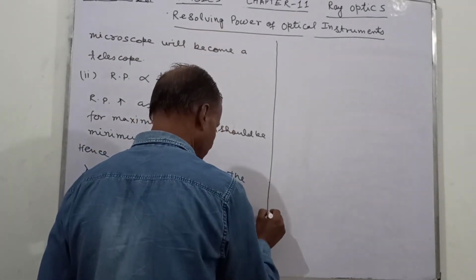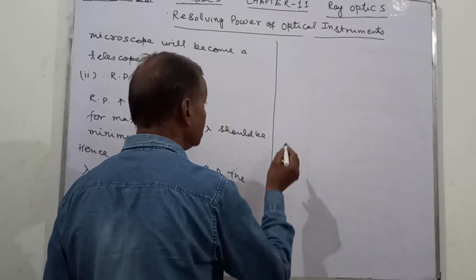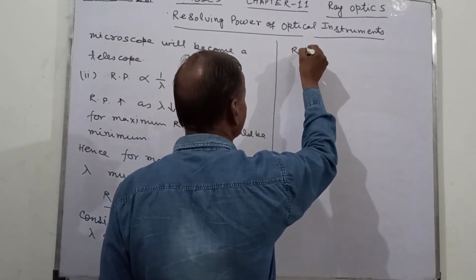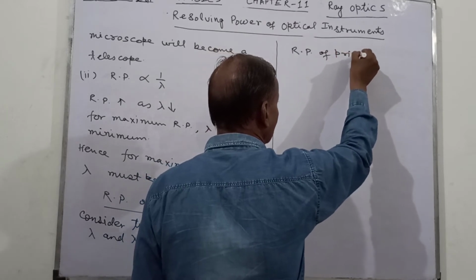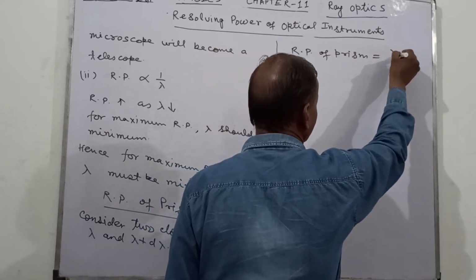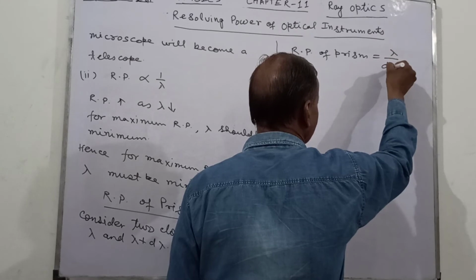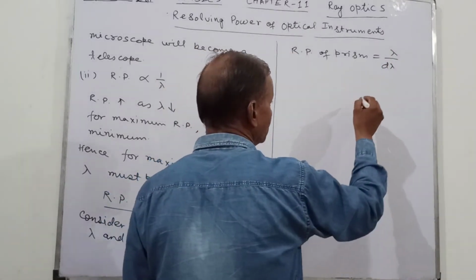So now the resolving power Rp of prism, as I have told you, is lambda upon d lambda. Now suppose this is the prism.